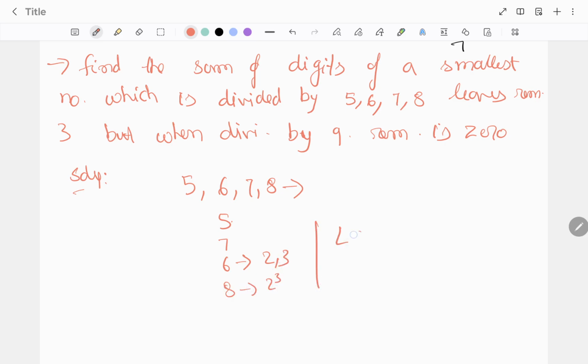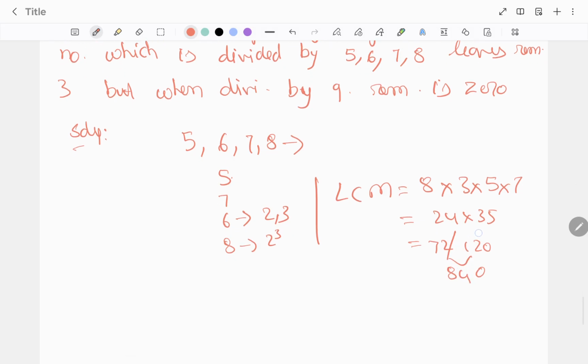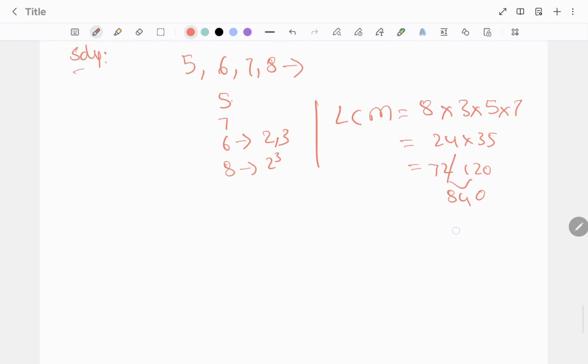So LCM is 8 into 3 into 5 into 7, which is 24 into 35. 24 times 5 is 120, 24 times 3 is 72, take 0, 12 is carried forward: 840. 840 is the number. Now we have to add 3 to that.